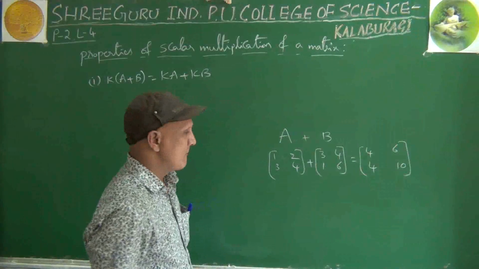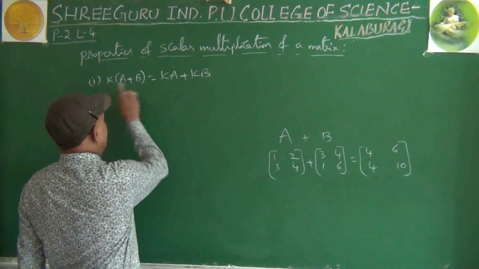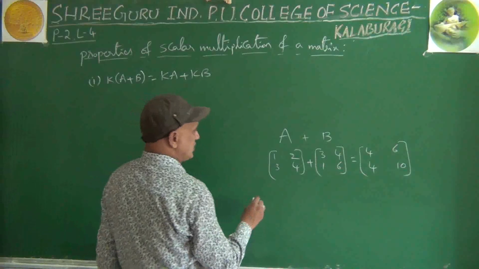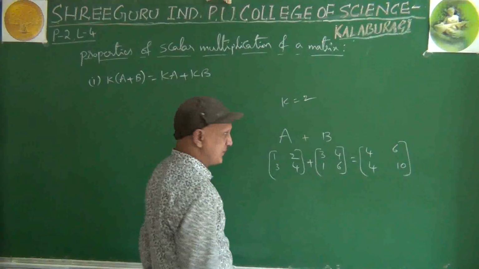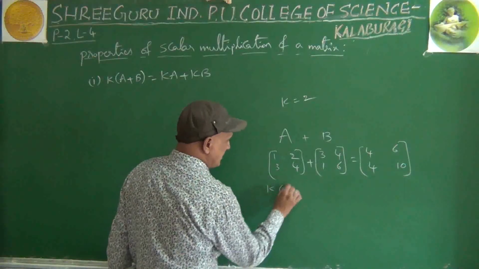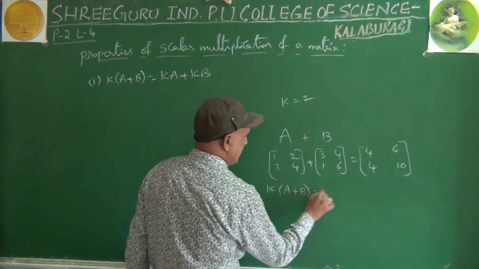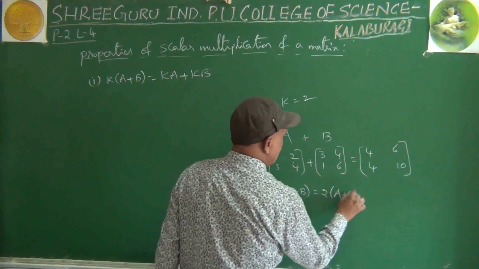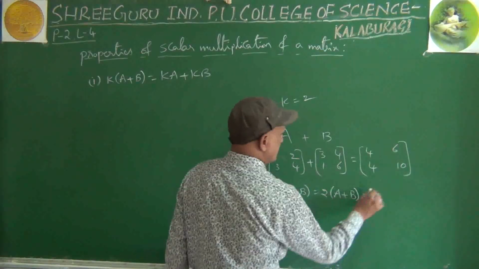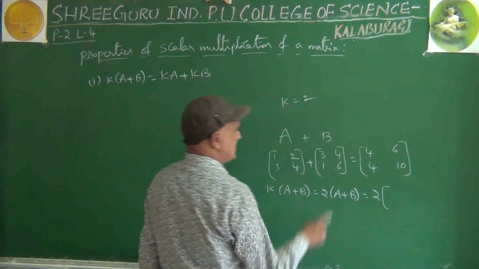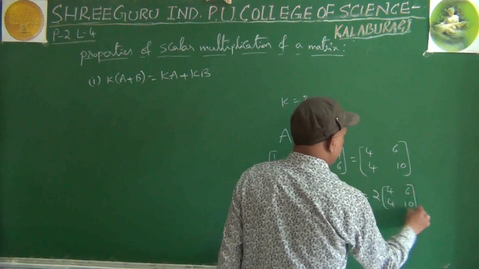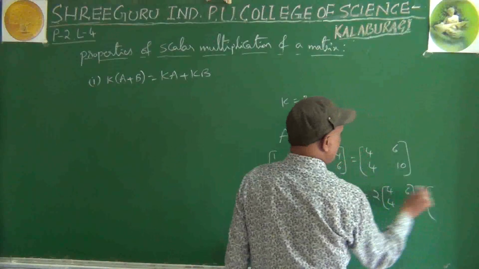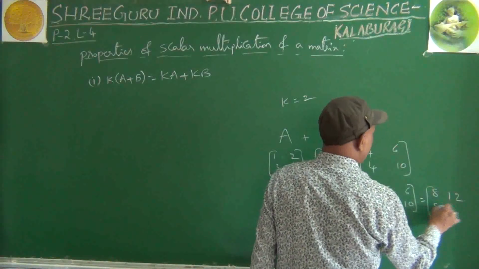Now K into A plus B, with K value, for example, 2. So K into A plus B equals 2 into A plus B. What is the A plus B matrix? We got this one: 4, 6, 4, 10. That equals 2 4s are 8, 2 6s are 12, 2 4s are 8, 2 10s are 20.